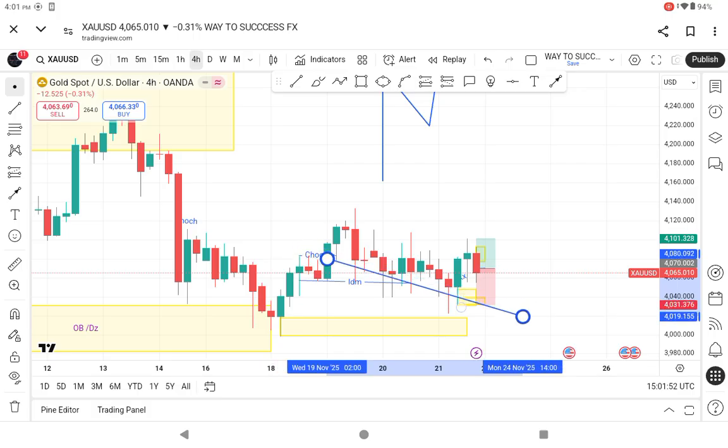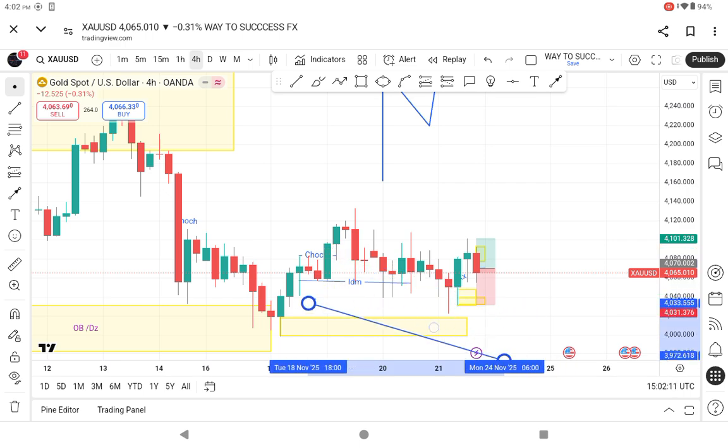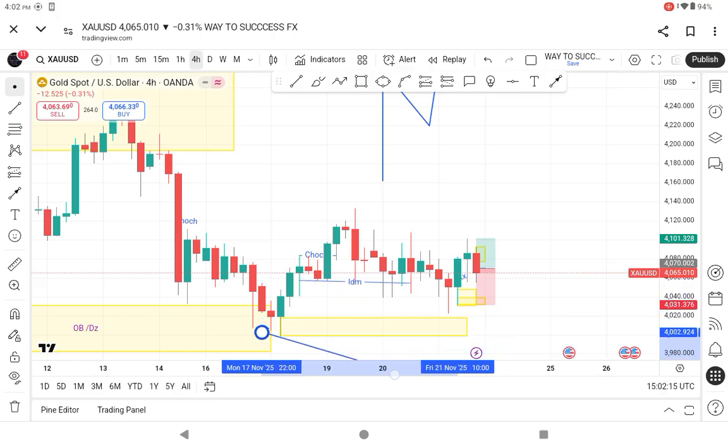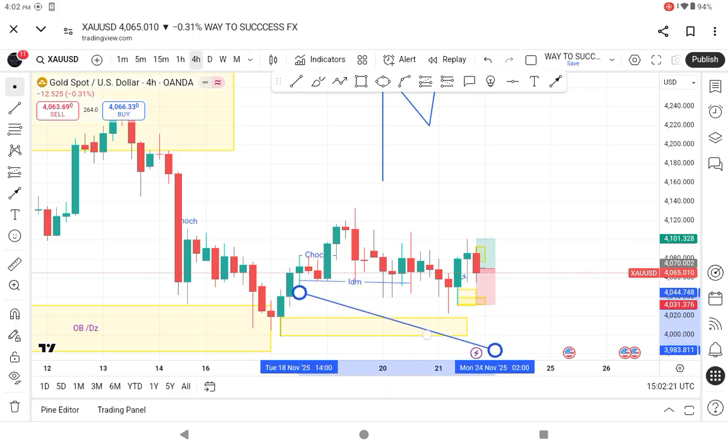Now making this pullback and breaking to the upside, breaking the high of these two red candles. This is like a swing low and a swing high, which is like when price breaks this high, it's a change of character because the market tapped in a demand zone, which is this demand zone here we marked in our previous video.